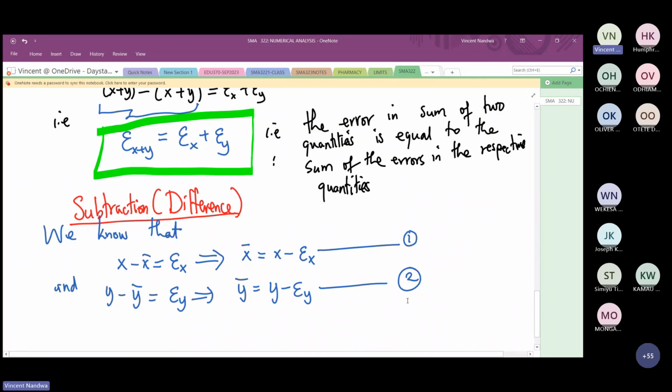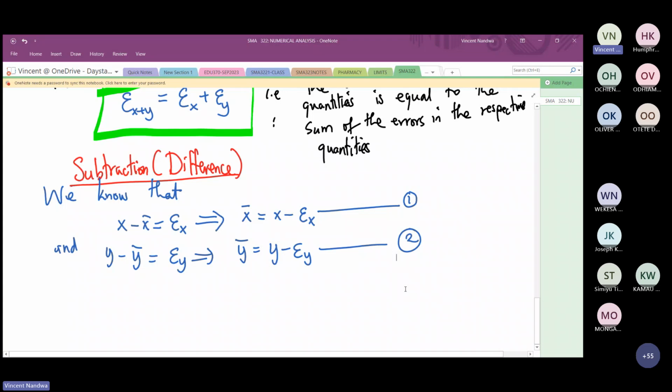Good. So now we want to see how the errors propagate when you are doing the difference or subtracting two quantities. So we do the same stuff we have done in the first case. So you say equation 1 minus equation 2 gives, similarly, subtracting two equations means you subtract the two sides of the equation and equate them.